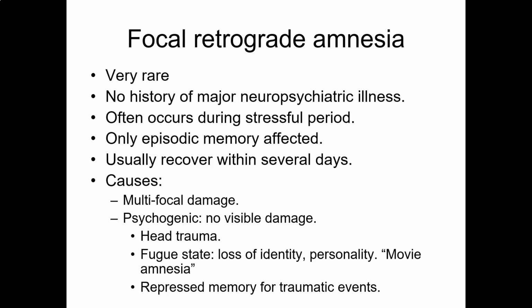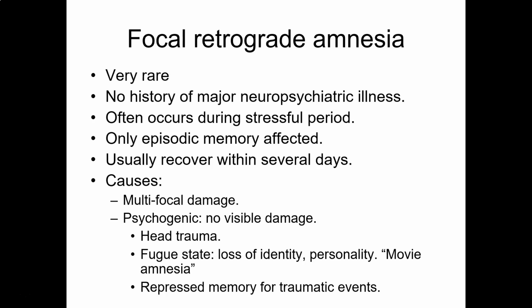So this is incredibly rare, and typically, focal retrograde amnesia does not occur in most people. Long-term memories are widely distributed throughout the cortex due to consolidation. So what we will find is that most people that present with this do not have a history of major neuropsychiatric illness, though this will potentially occur during a stressful period.